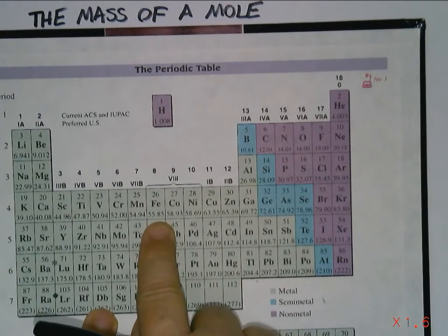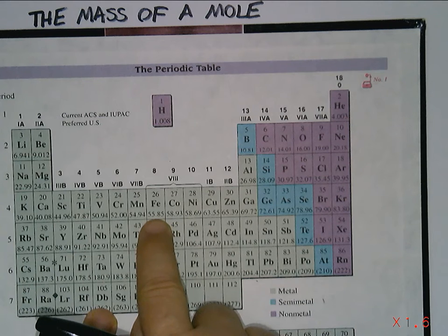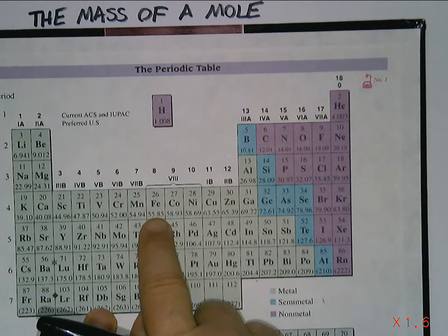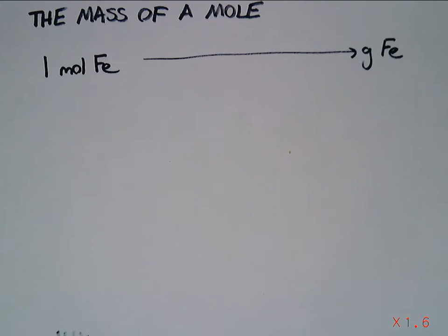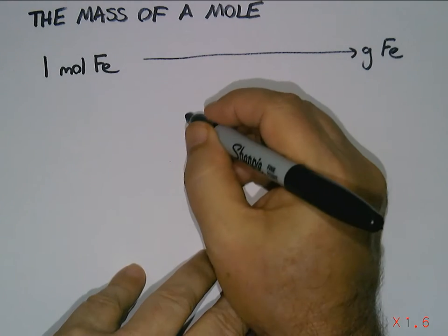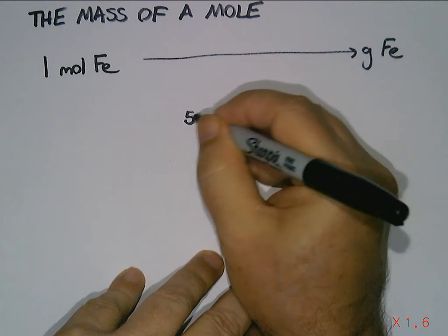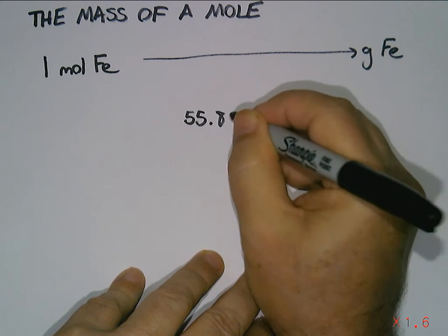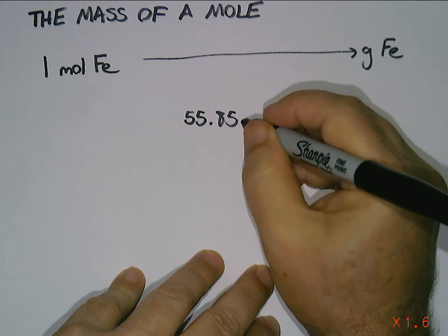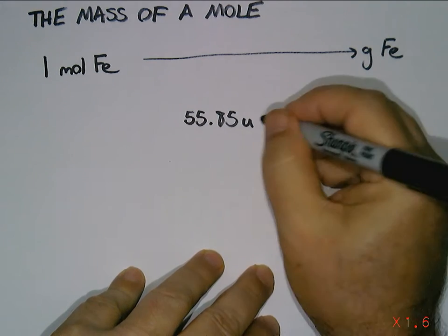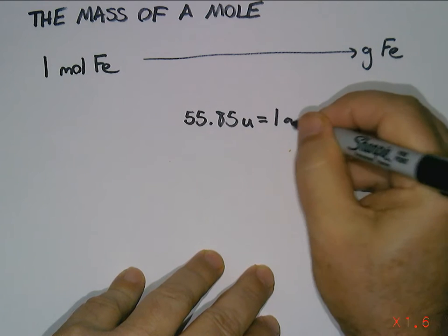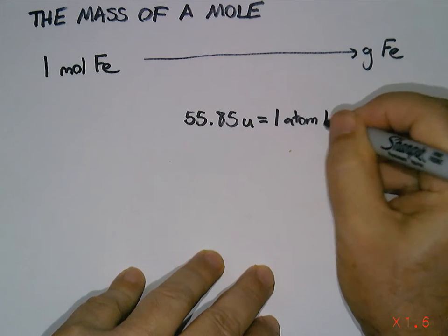If I look at the periodic table here, the atomic mass of iron is 55.85. And what that means is that I can write 55.85 U is the mass of 1 atom of iron.